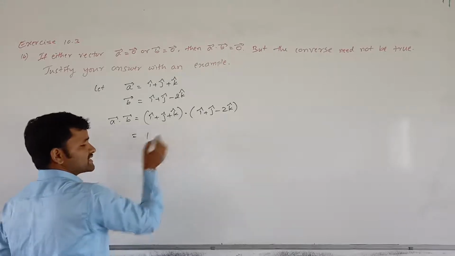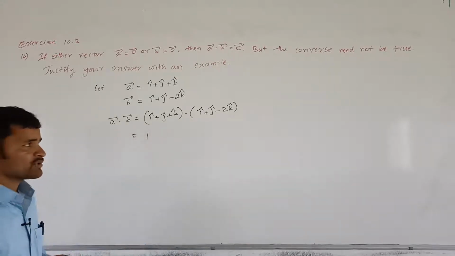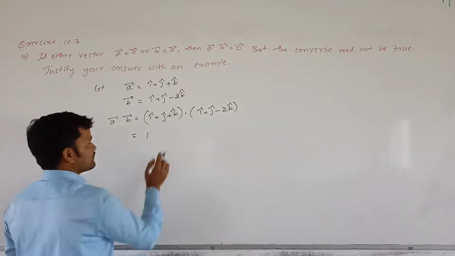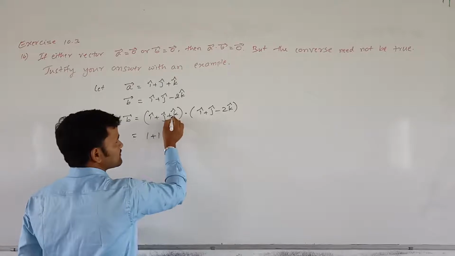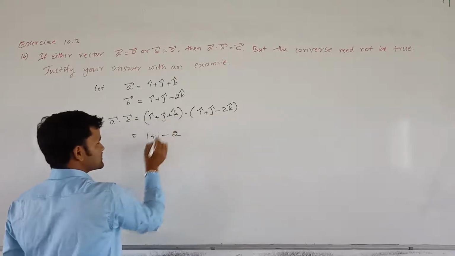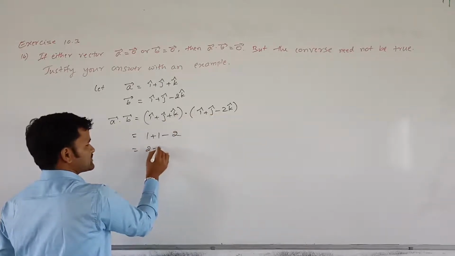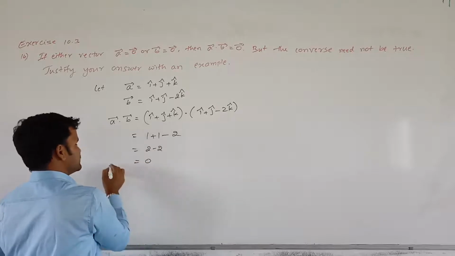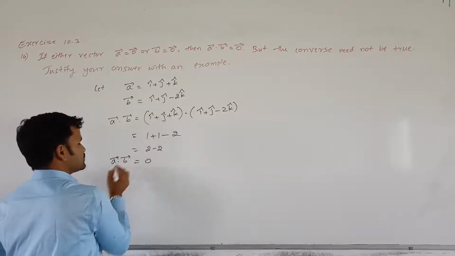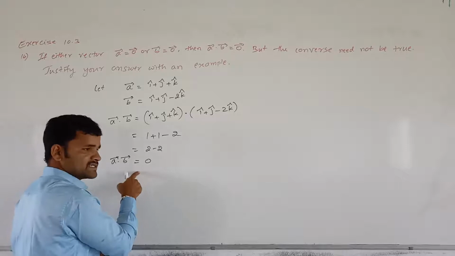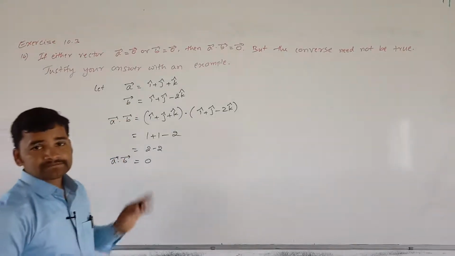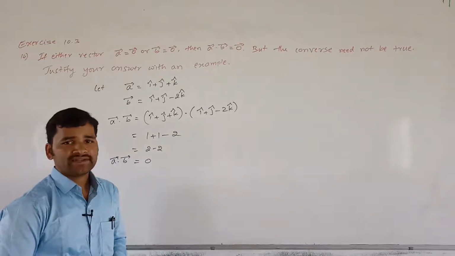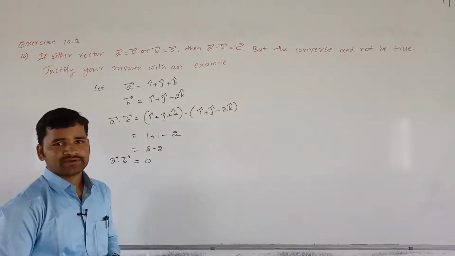The dot product of two vectors is just the corresponding components multiplication and taking the sum of all those. j component 1 into 1, plus 1. Here plus 1 into minus 2, so this is minus 2. 2 minus 2 is equal to 0. You see here A and B are two vectors. Their dot product is 0. But what about the vectors? Vectors are not null vectors. So this one we have proved.